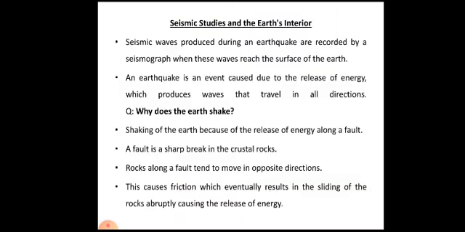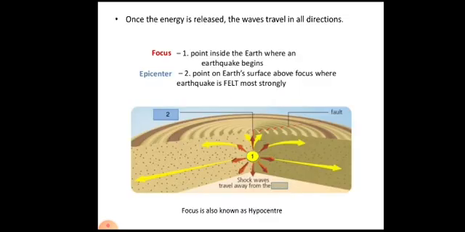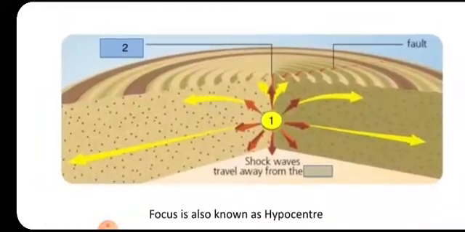Once this frictional force is created, it eventually results in the sliding of the rocks very suddenly, and that sudden sliding of rocks releases energy in the form of earthquake or seismic waves. And once these waves are produced, they move in all the directions.